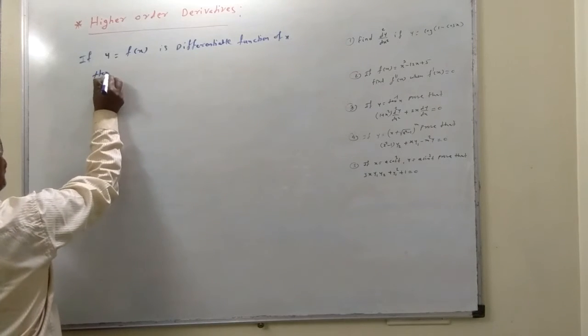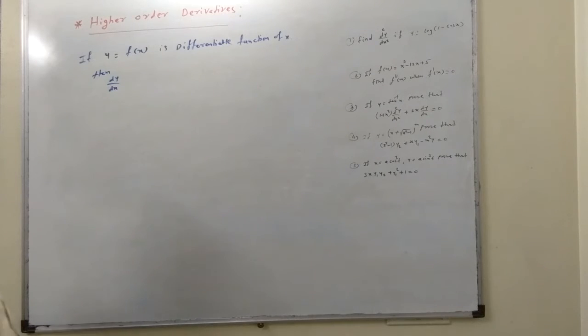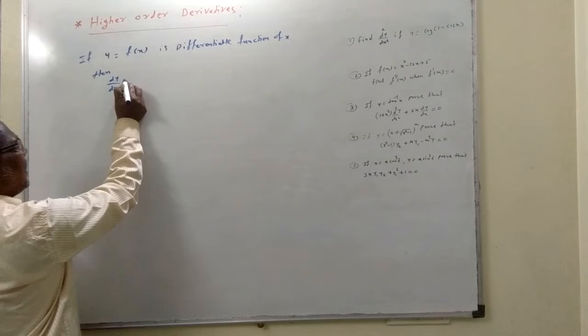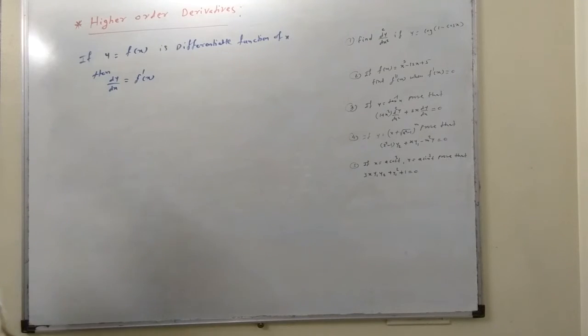If we take the derivative, then dy by dx, the derivative of y with respect to x, can be written as f dash x, another notation in functional form.